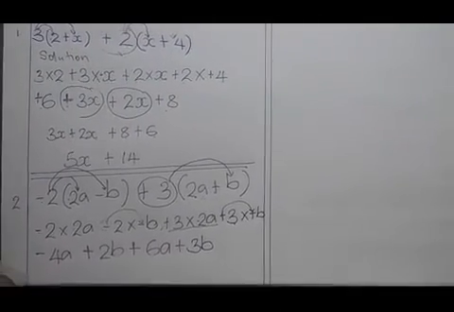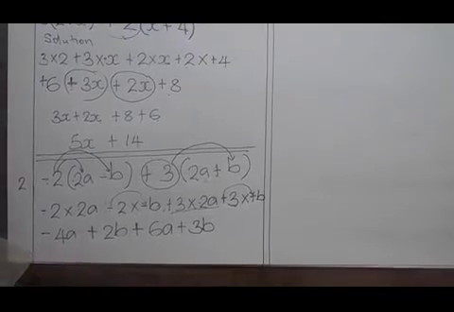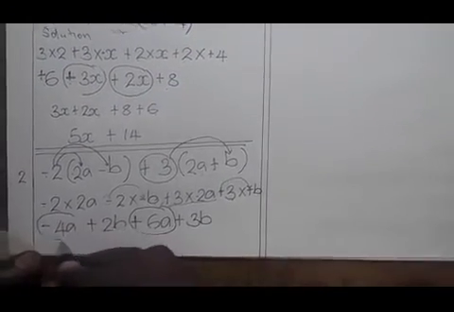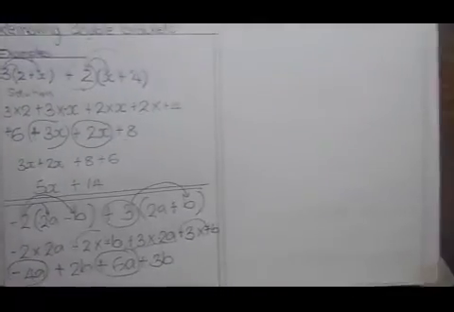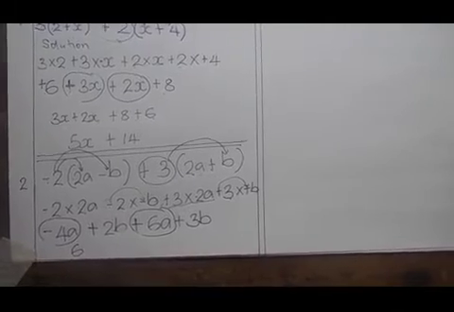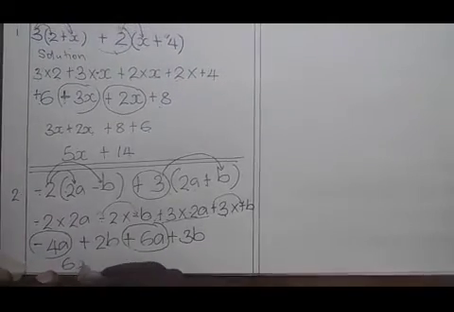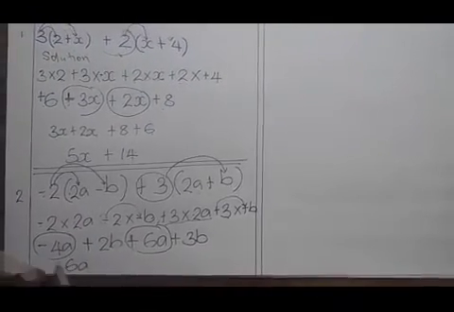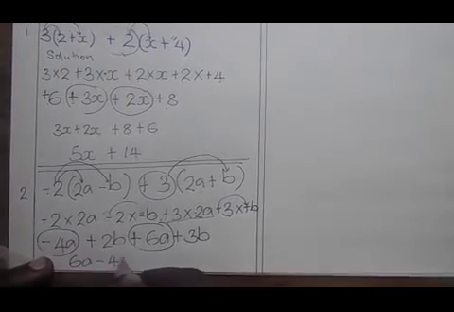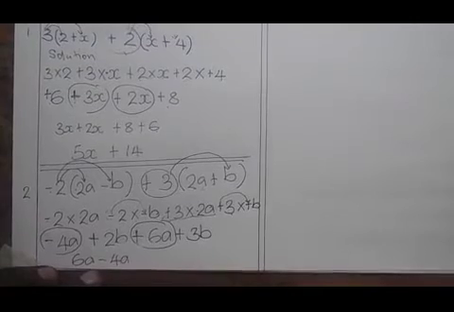Now our next step is collecting like terms. Let's begin with those with a's. Put them together. It will give us 6a, beginning with the bigger number. Now this comes with a sign, which means it will be minus 4a. Finished.